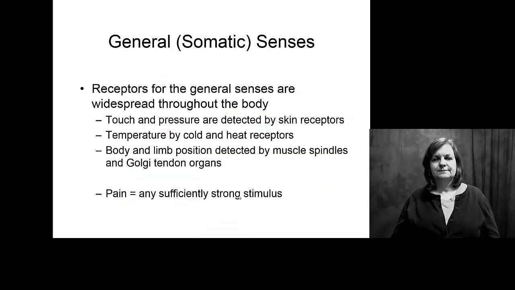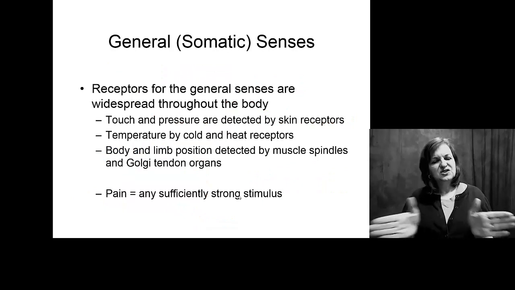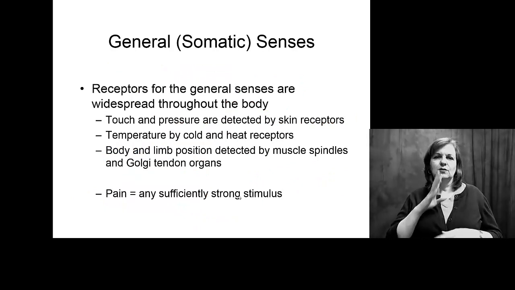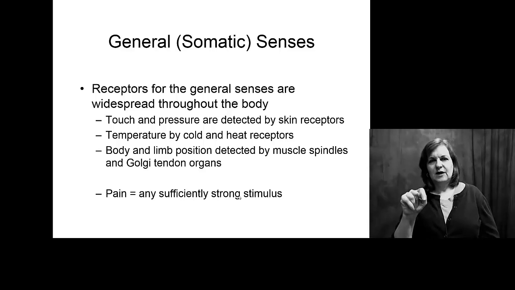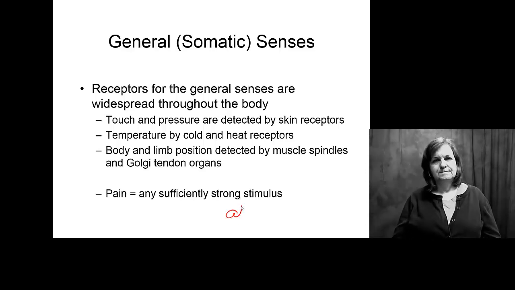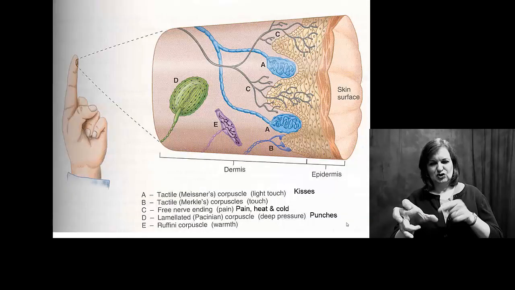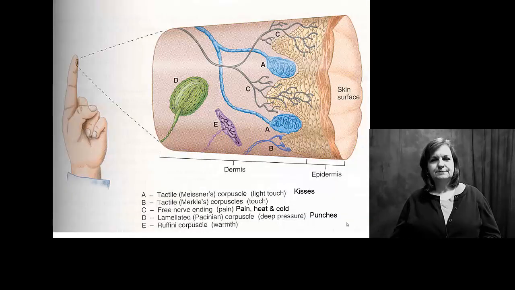The general receptors, as we mentioned, are going to be found throughout your body, and we're going to deal with the afferent receptors as we've been talking about, sensory receptors. For any of these, we have to look at how they are going to respond. So we do have different ends to our receptors.